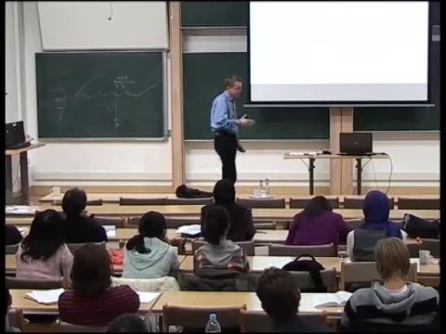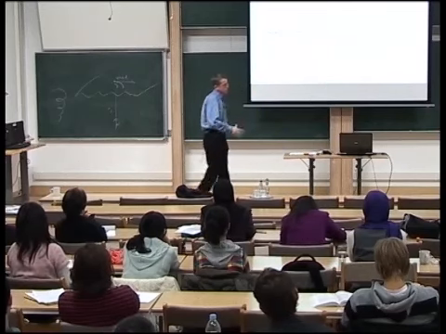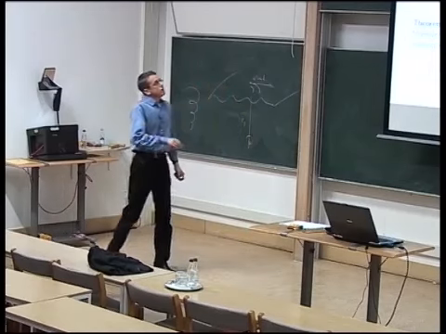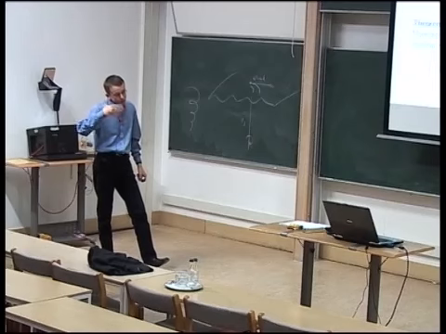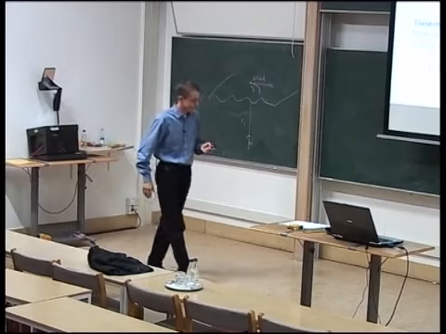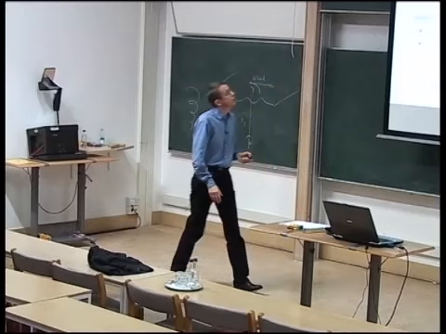And you can think of this measure as the long time statistics of the solution of the stochastic Navier-Stokes equations, describing the fluctuations around this Ekman spiral. Okay, so this is so far for the three-dimensional case.